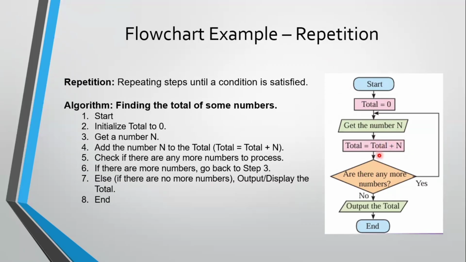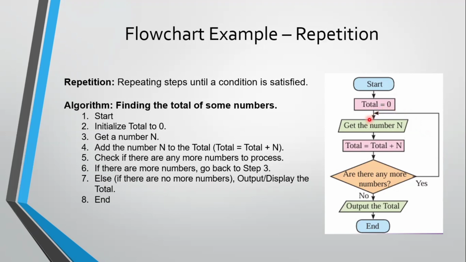Then the diamond asks, are there any more numbers? If there are more numbers, we have to choose this yes path. If yes, the arrow loops all the way back up to get the next number.